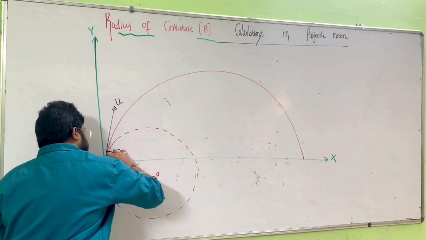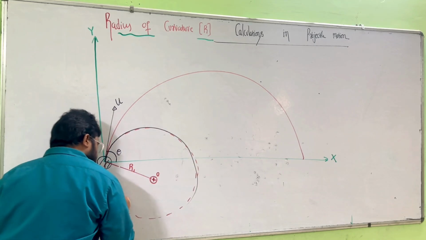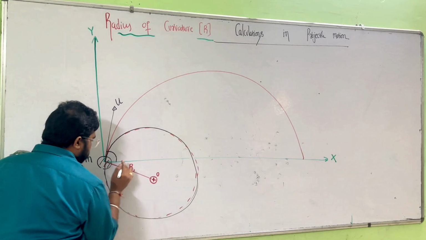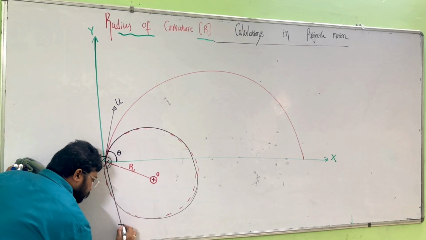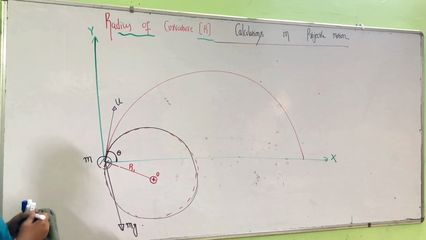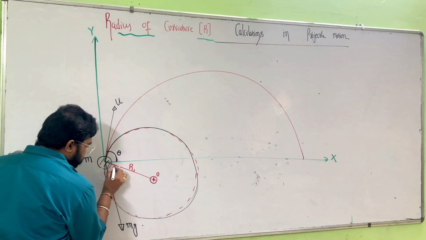Understood? See this, here to here, fit into this. So here to here how much? Theta. Weight is always in the vertically downward direction. So if this is theta, this is 90 minus theta.